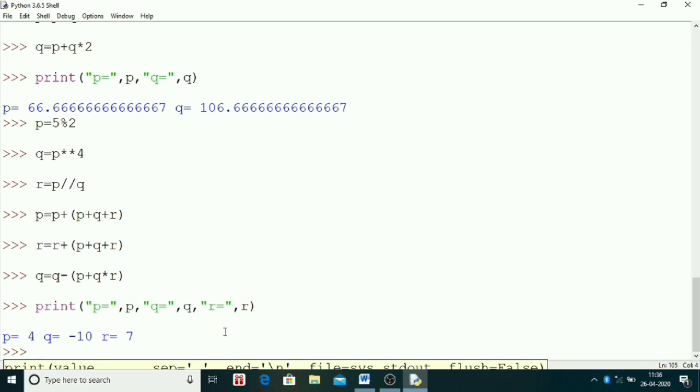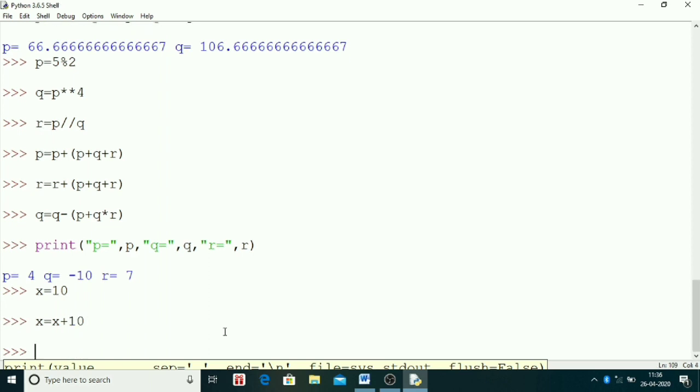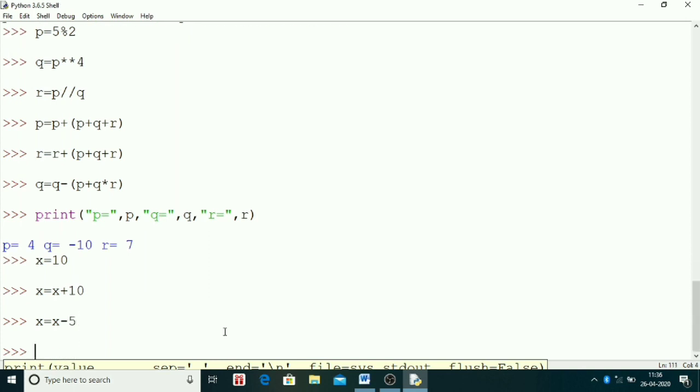So one more question. Now suppose I say x is equal to 10, x is equal to x plus 10, that means now x is 20. Now x is equal to x minus 5, 20 minus 5, 15. Now print x is equal to x.